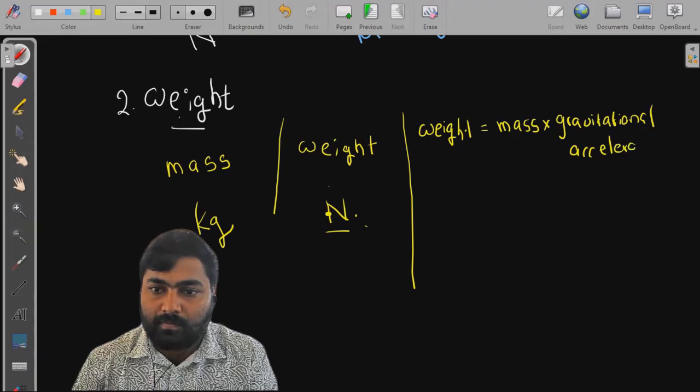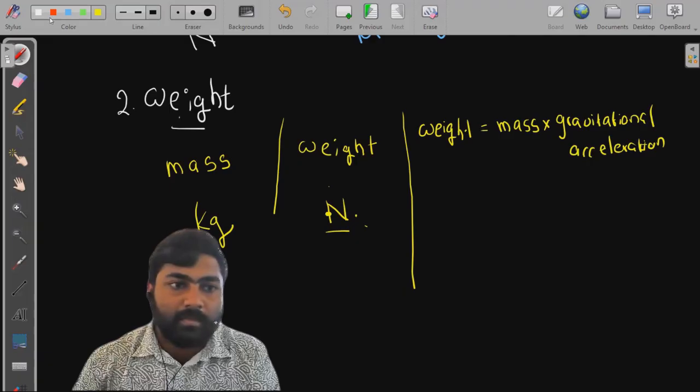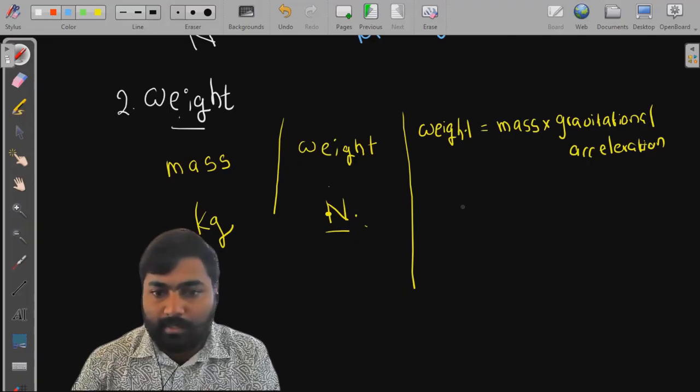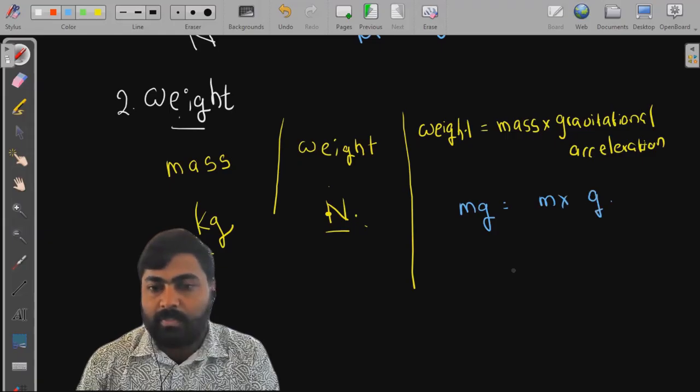Then by using symbols, I can write mg equals m into g. Understood why I put mg instead of weight?